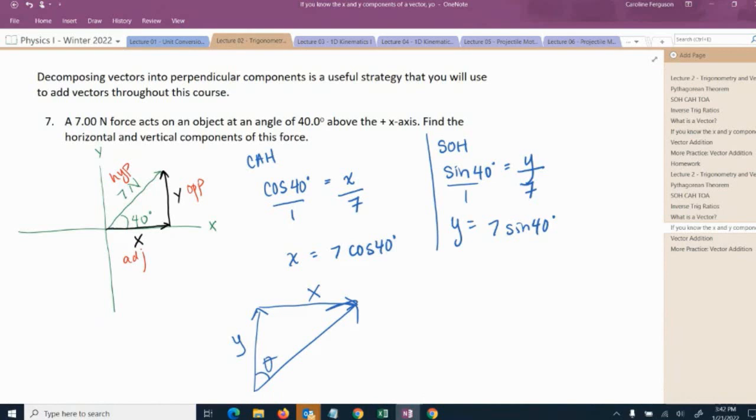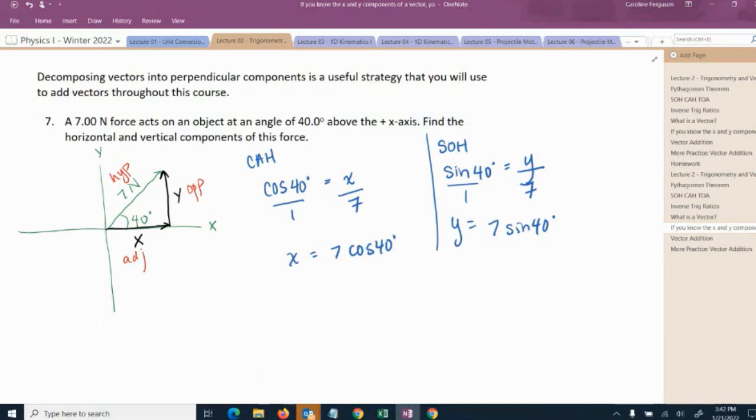So just be careful. What I do is I don't go through SOHCAHTOA every time to decompose a vector because it takes too long. And you're going to be doing this a lot in the next couple questions that we do. So what you should do is say, okay, I'm looking for the adjacent side and I know the hypotenuse. So it's going to be cos. So it's going to just be the hypotenuse cos of the angle, 7 cos 40. That's it.